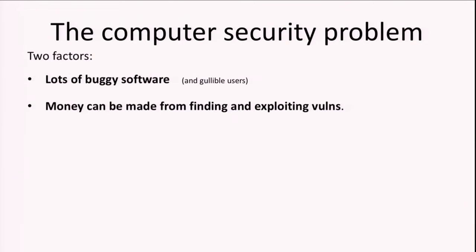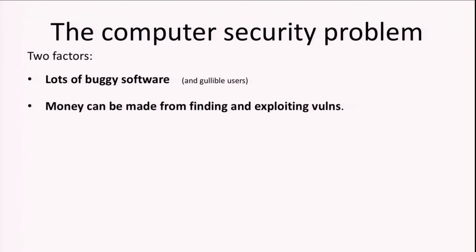Now, what is the computer security problem? The computer security problem today is that there is a lot of software available for various purposes: in your phone, in your web browser, in your car, in the airplane, in manufacturing, and so on.